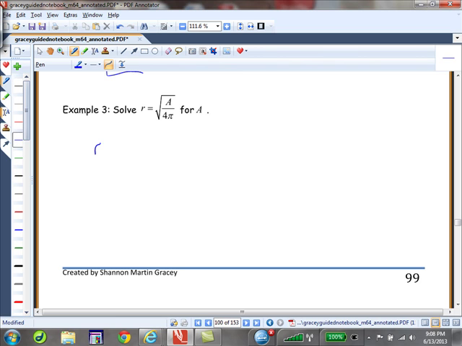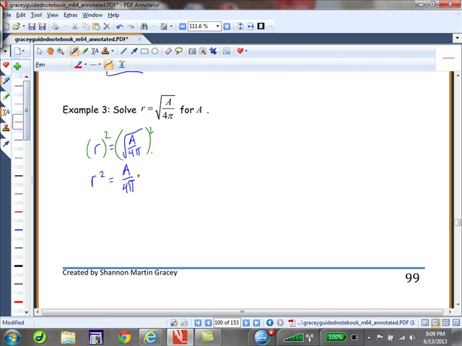So I'll just rewrite it so we have room to work. So what do we need to do? Good. Square both sides because we have a square root, and we need to break that a out of the square root. So r squared equals a over 4 pi.